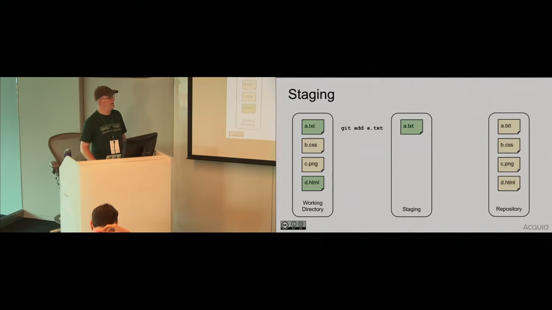So if I just add A, it makes a copy or a pointer to the A file in the staging area, so that when I commit it, it commits only A to the repository.